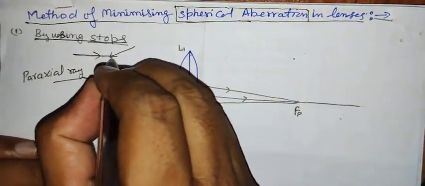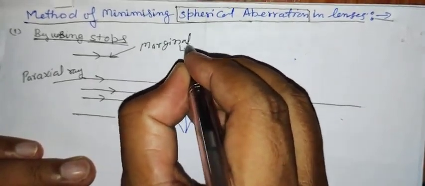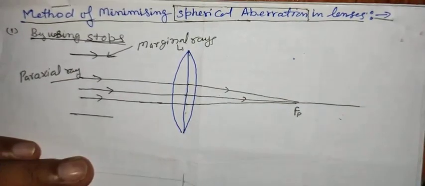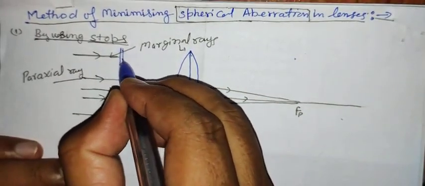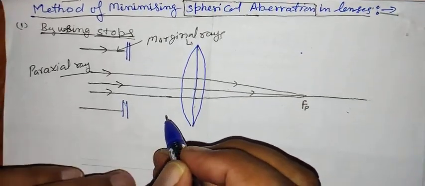This is the marginal ray. Marginal rays are away from the principal axis, and here they are stopped by a certain obstacle.